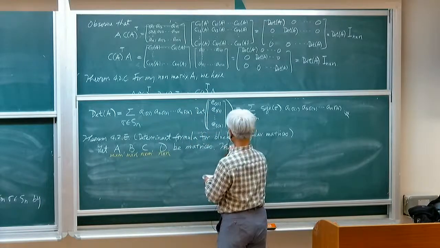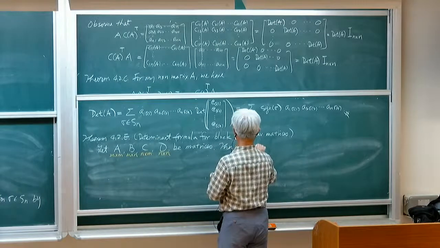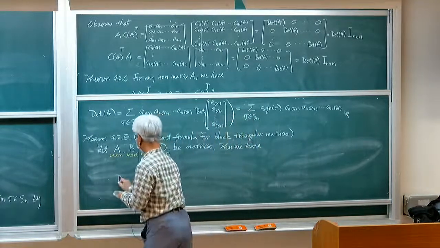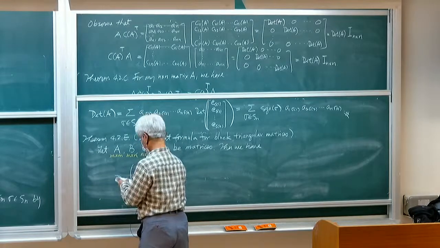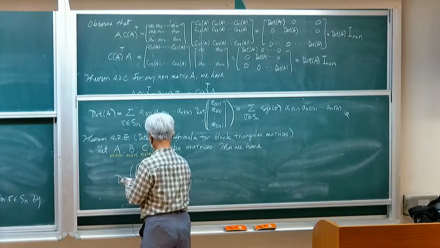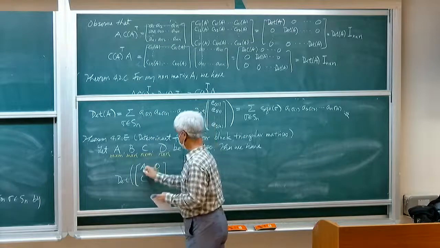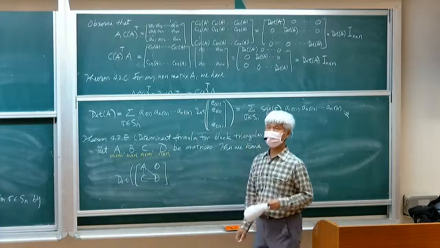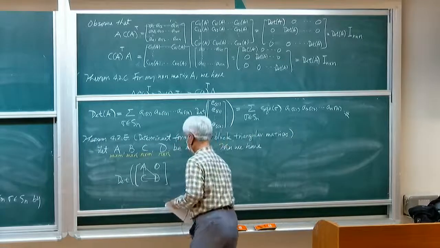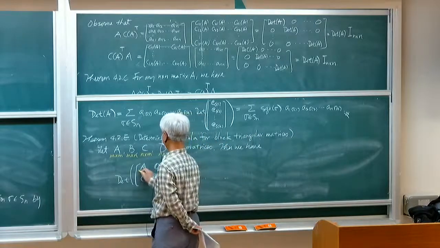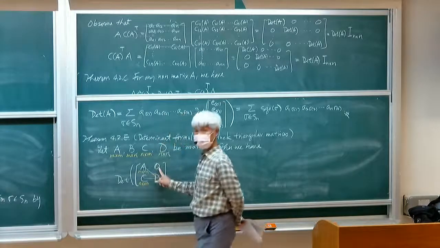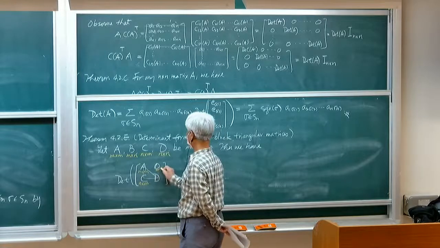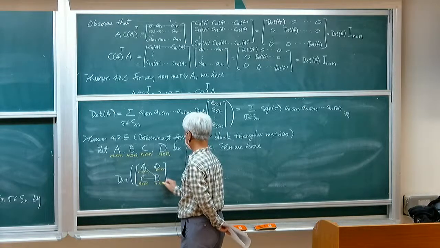All right, so now we have the determinant of the lower triangular matrix with blocks A, C, and 0, D. Now look at the dimensions. A is m times m, C is n times m, so this zero matrix is m times n, and D is n times n.